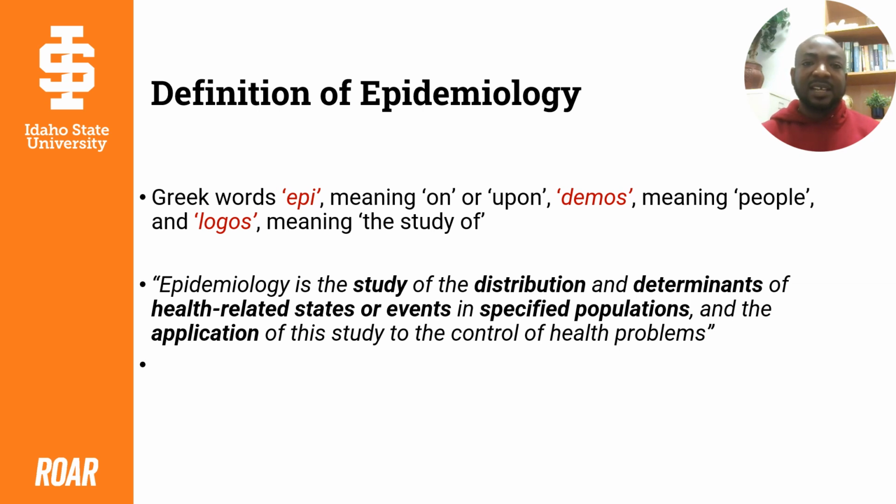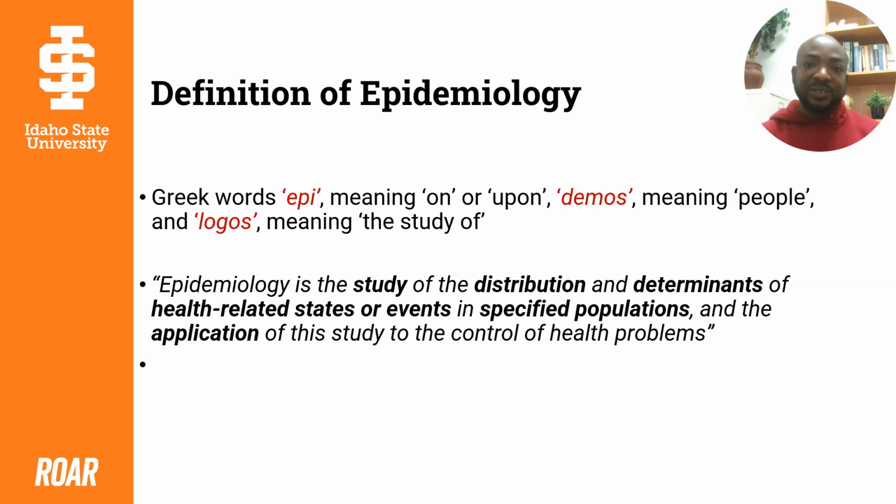Many definitions have been proposed, but this definition, given by J.M. Last's Dictionary of Epidemiology, is quite popular and captures the underlying principles and public health spirit of epidemiology. It says that epidemiology is the study of the distribution and determinants of health-related states or events in specified populations and the application of this study to the control of health problems.